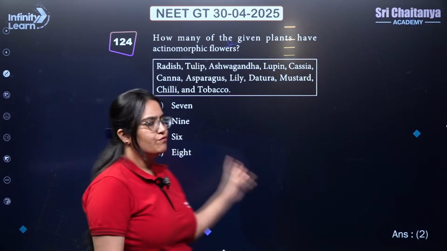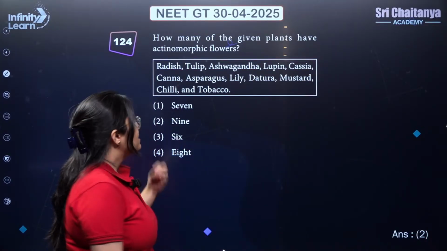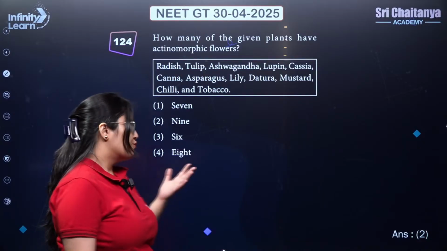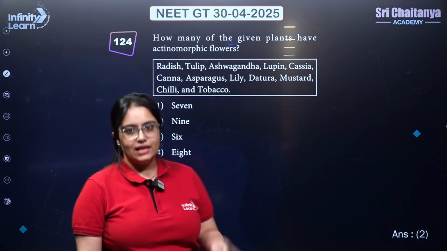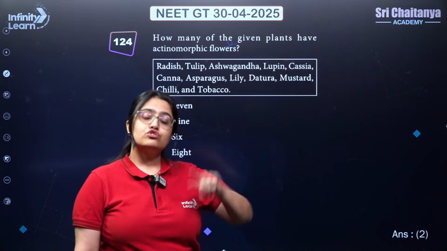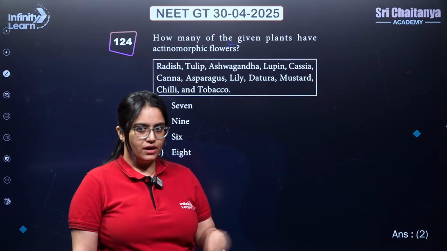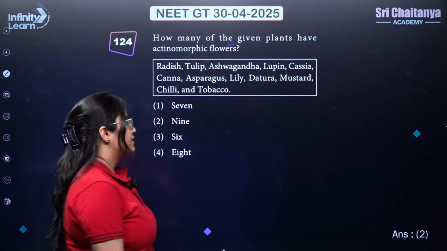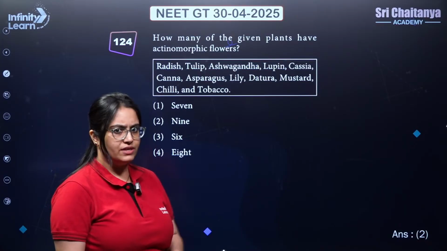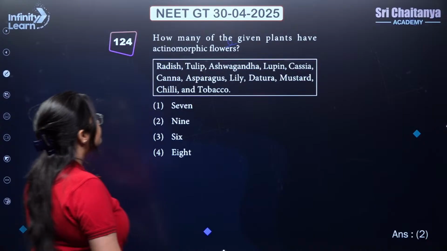But basically, if you follow the plant families, my dear students, the Brassicaceae family, Solanaceae family, Liliaceae family, Leguminosae family, and also the discussion about the flower and the symmetry of flower, which is given in your NCERT before the families, then this question is very, very simple.